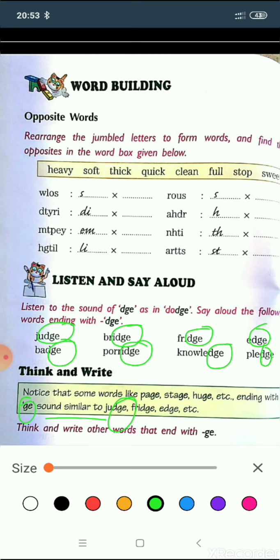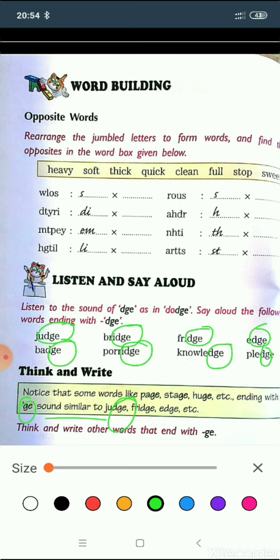We will write the letter D in the spelling, but when we pronounce that word, we will not use the sound of D. So that D is called silent. So GE and DGE have the same sound, like page, stage, huge.